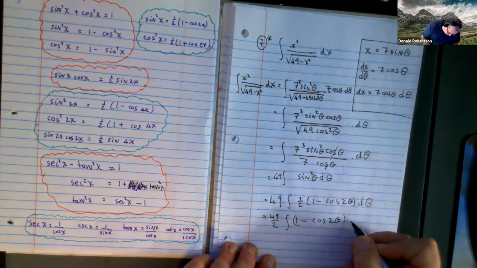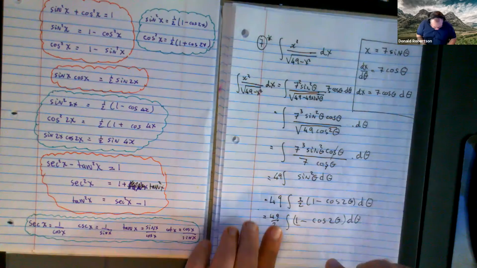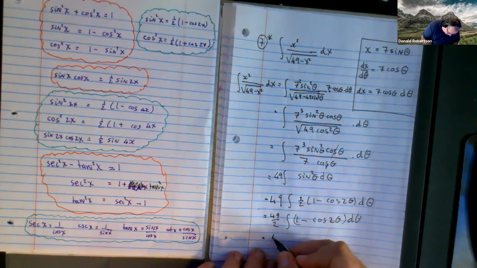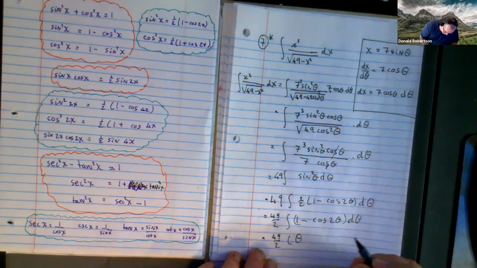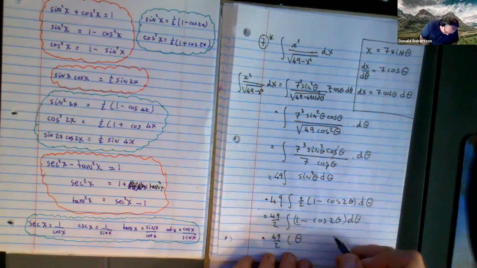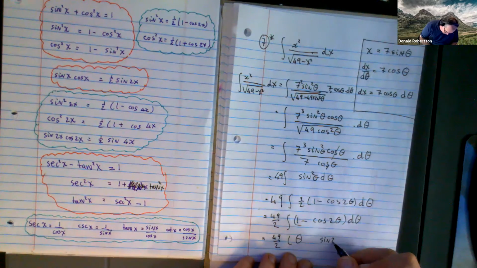That way, I only really need to focus on this and then remember to multiply by an ugly guy. So what we're going to get here is a theta. If you integrate a cosine, you get a sine. So if you integrate a cosine 2 theta, you get a sine of 2 theta, and you also get a half.